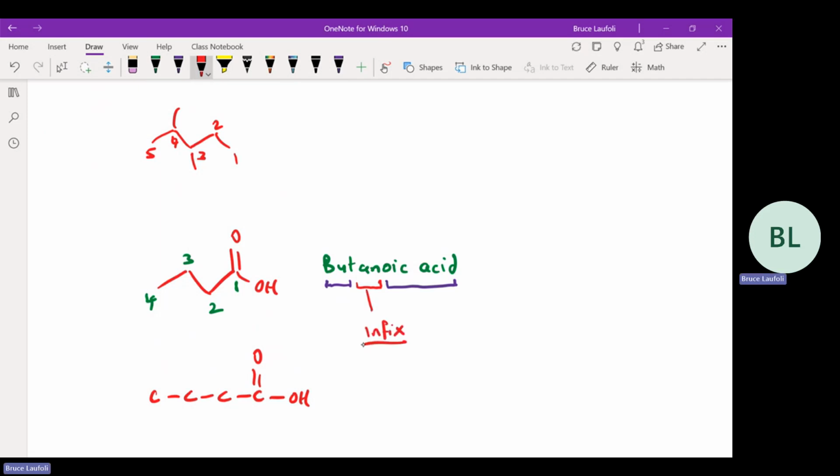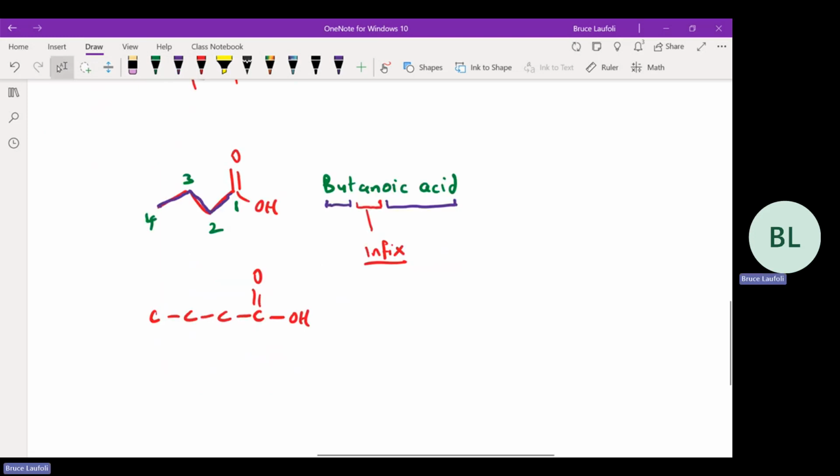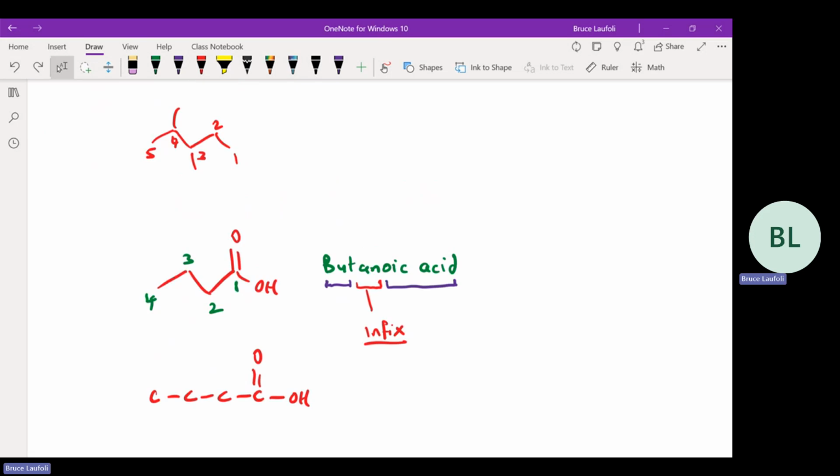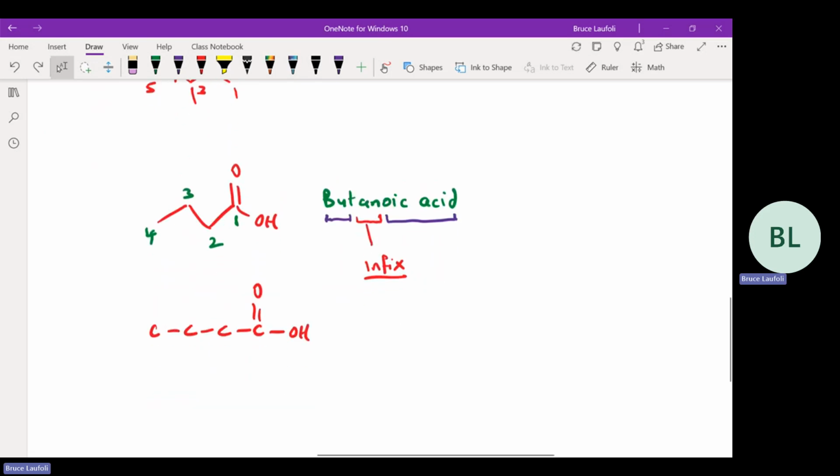And this infix just suggests that in terms of the rest of the chain, it's only single bonds. So you don't need to worry too much about that, because it rarely pops up in the exams. It's just something to note.